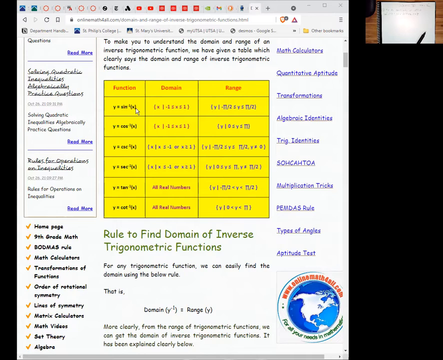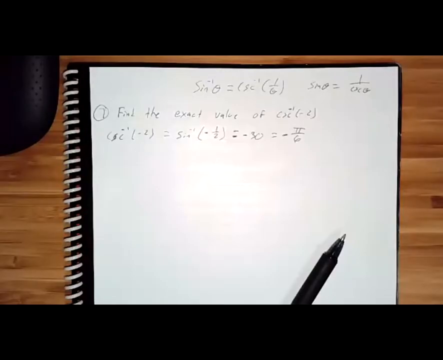So remember what the inverse sine does, right? You plug in numbers and it spits out the angle that has that y value. But the angle that it's going to spit out is only going to be within negative pi over 2 and pi over 2. It's not going to go outside of here. Even if the actual angle is somewhere else, you'd have to correct for it, like using a coterminal angle or a reference angle. But the solution here is going to be negative. So if you look at our circle, let's pull up our circle. Where is it?